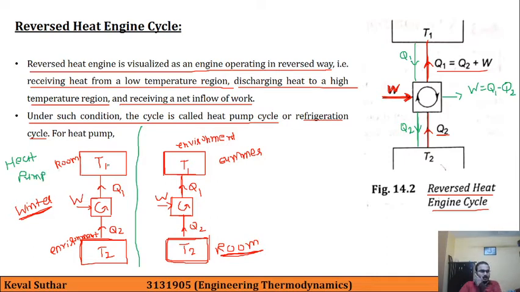And here in this case, in summer we need to keep our room at a lower temperature, so we are extracting heat from our room and rejecting it into the environment, which is at a higher temperature. So this is known as a refrigerator.